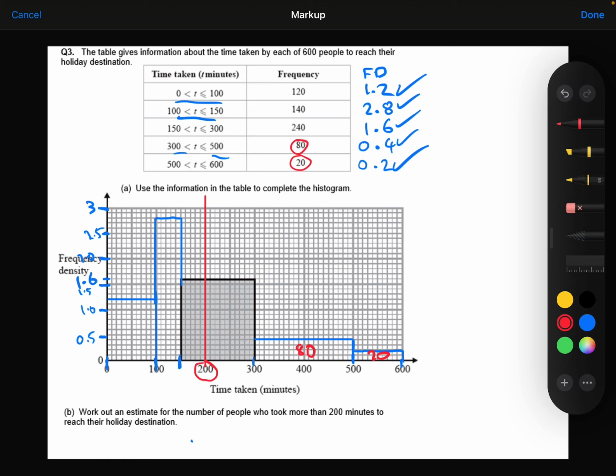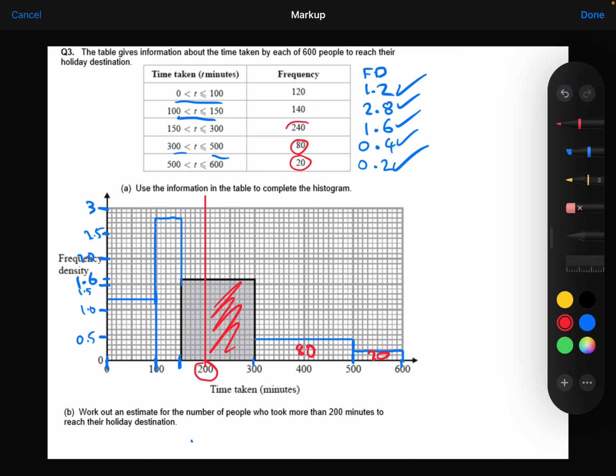Now, this here is 2/3 of this whole bar. I know that because I can take this bar. This is 1/3. This is 1/3. This is 1/3. So therefore this is 2/3 of that bar.